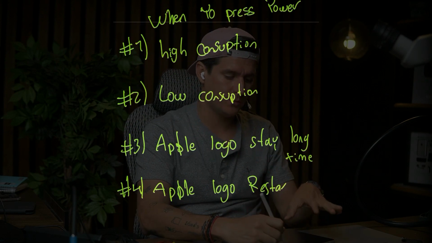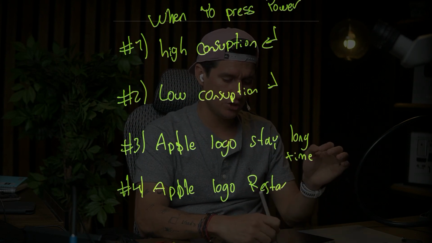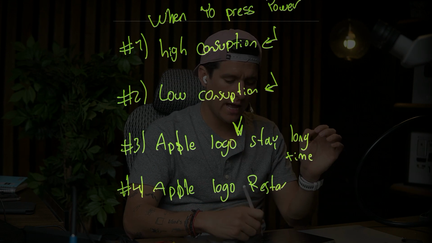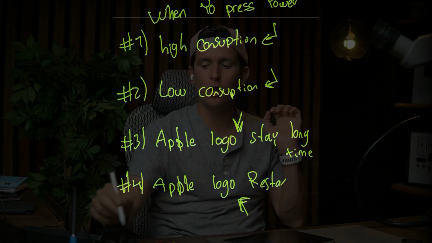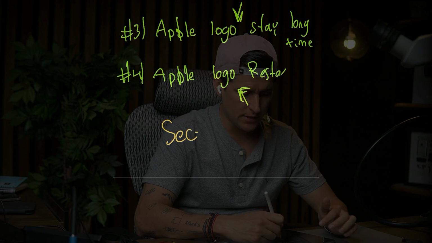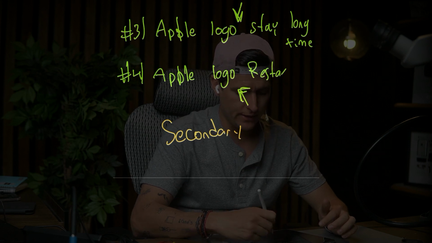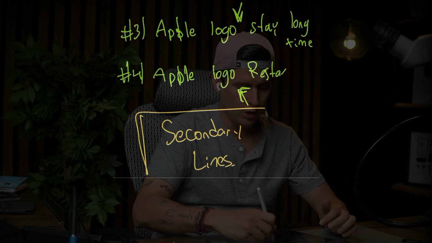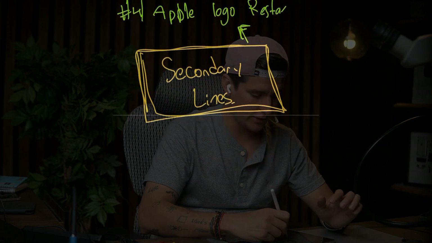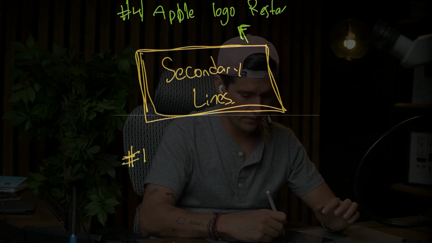When I have these cases, high consumption, low consumption, Apple logo and stay forever, or Apple logo restart, I always check the secondary lines. Always. What I'm going to check here: number one, voltage.